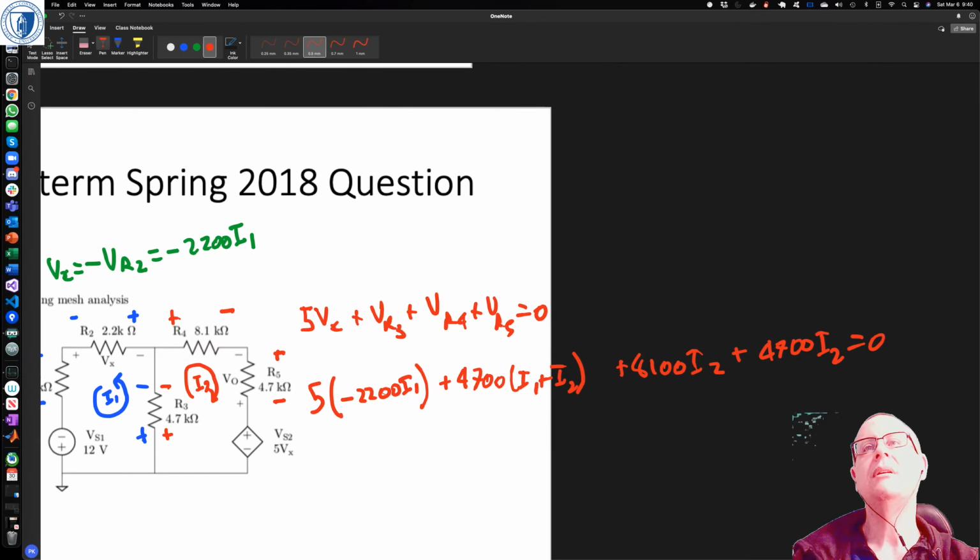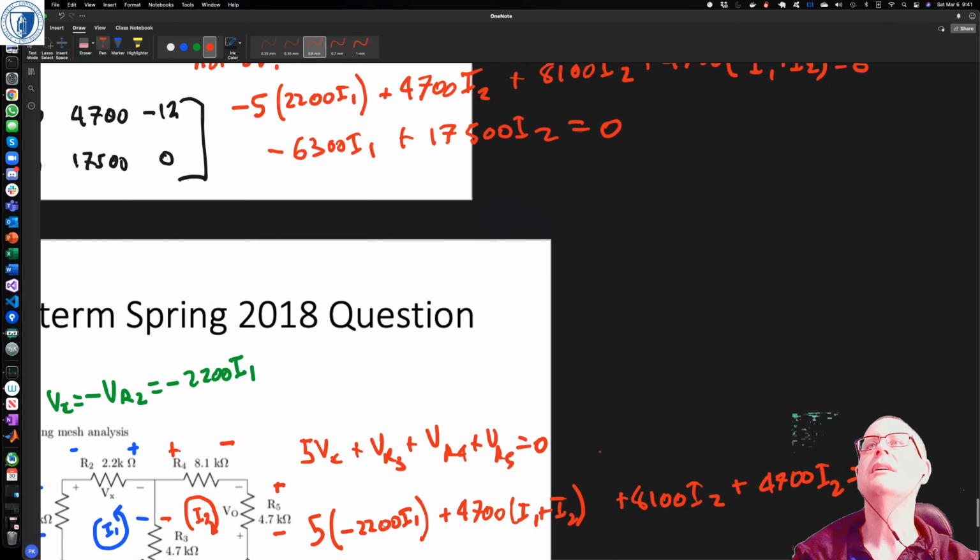That comes out to be 11,000 I1 plus 4700 I1, which is what, 16,700 I1, is that right? And then we've got 16,800, 17,500, equals 0.